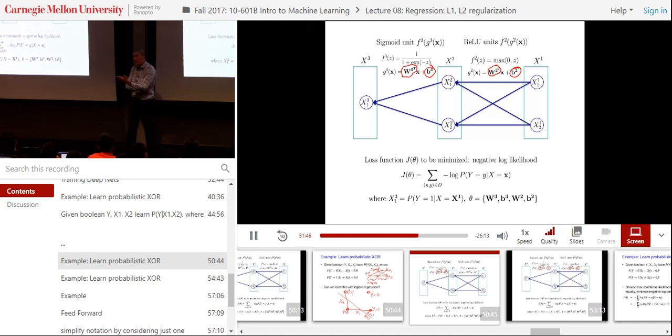And for some reason, the convention in neural networks is to talk about minimizing instead of maximizing things. So what I'm going to do is, instead I'm going to minimize the negative of the log of the conditional likelihood. Okay, so it's the same thing.